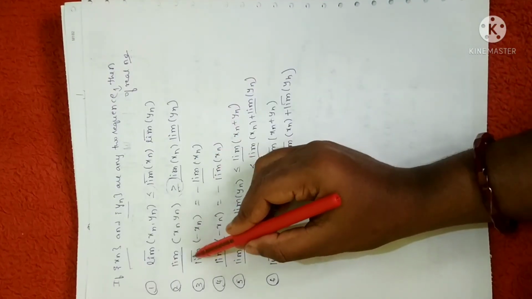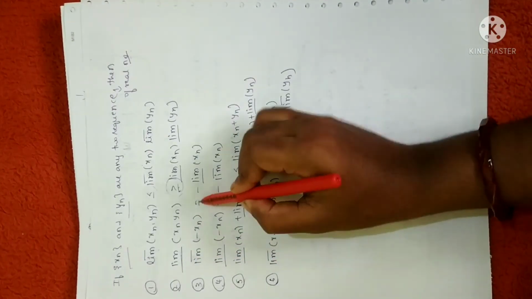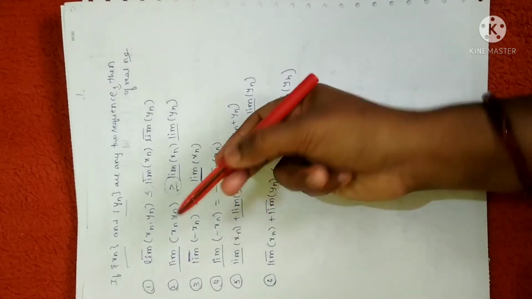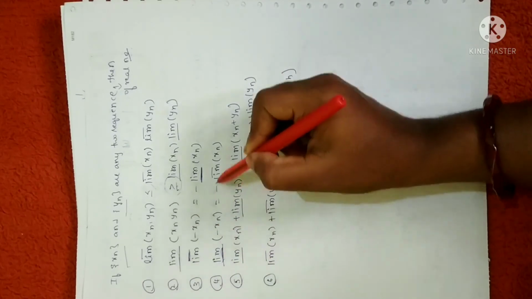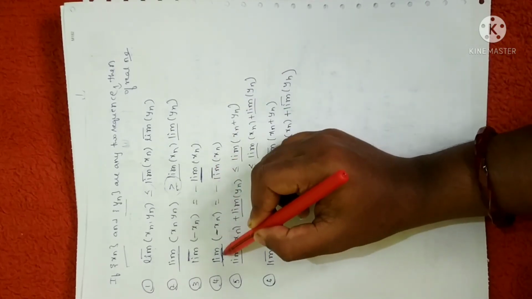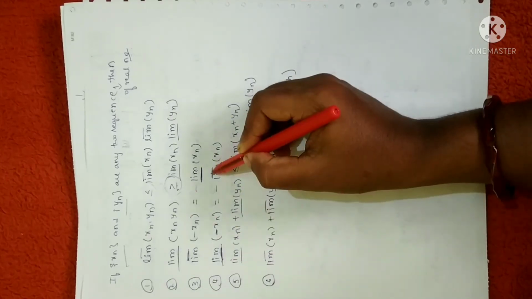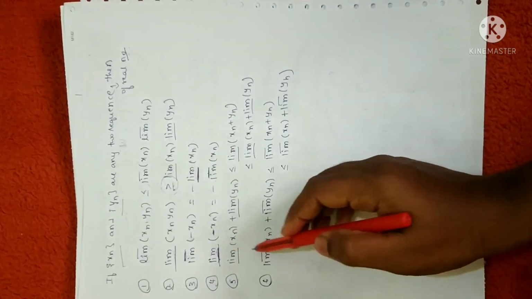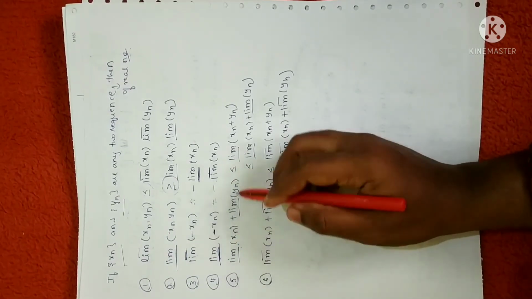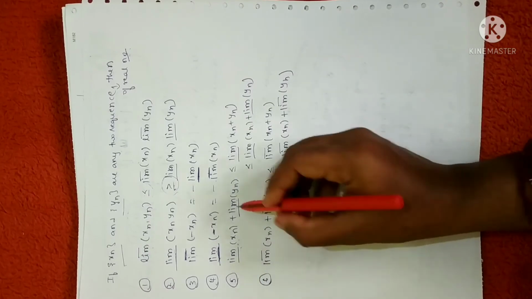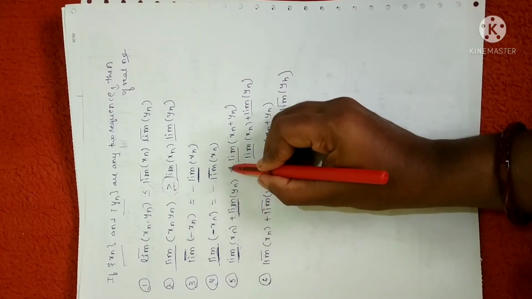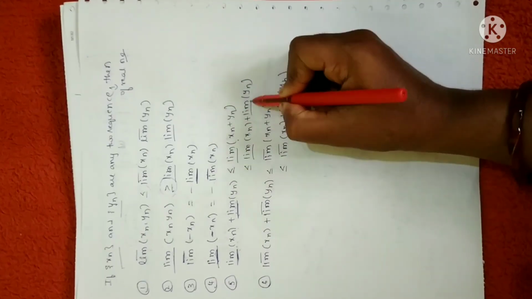Fine. And the limit superior of the negative of a sequence will be the negative of the limit inferior. You can note the lines here. And the exact reverse, that is, the limit inferior of the negative will be equal to the negative of the limit superior. That is, whenever you have a negative value, superior becomes inferior and inferior becomes superior. Fine. And further, if you add two individual limit inferiors, since I have a bar below the limit, the sum of the limit inferiors can be written as less than or equal to the limit inferior of the sum.